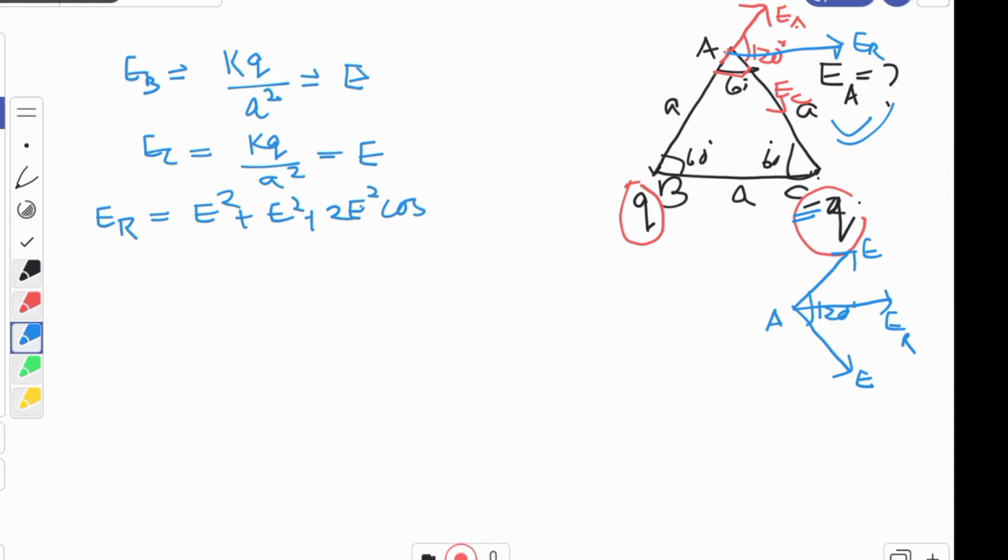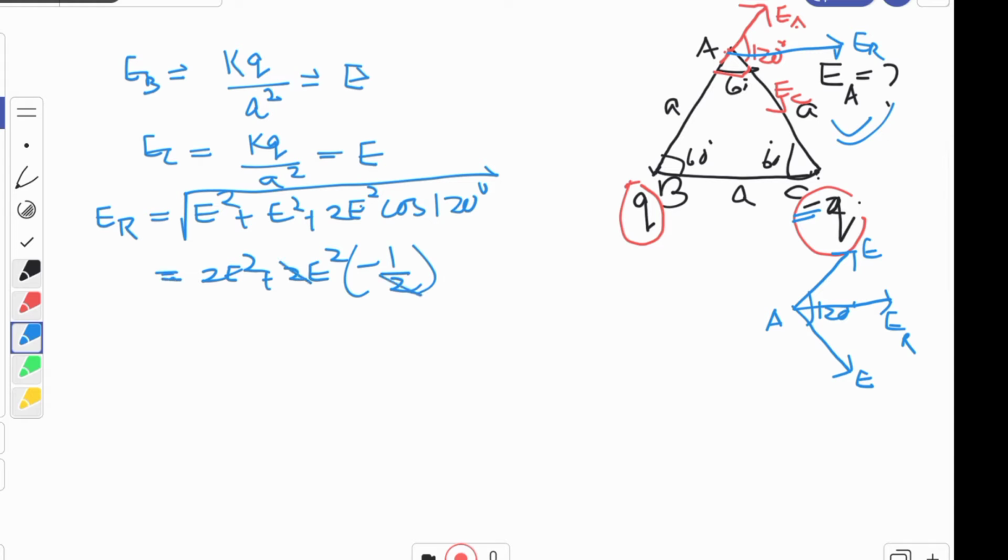So the formula is square root of A square plus B square plus 2AB cos theta, here E square plus E square plus 2E square cos theta. So here theta is 120 degree and we will take the square root. So what will we get? We will get 2E square plus 2E square cos 120, which is minus half. Okay. Now 2 gets cancelled.